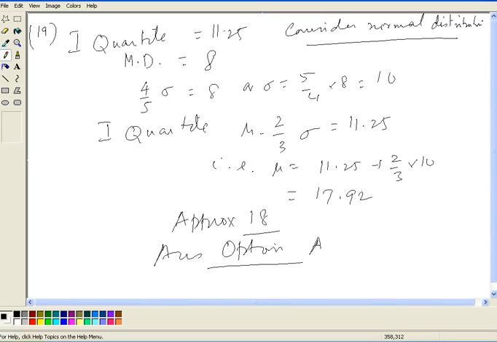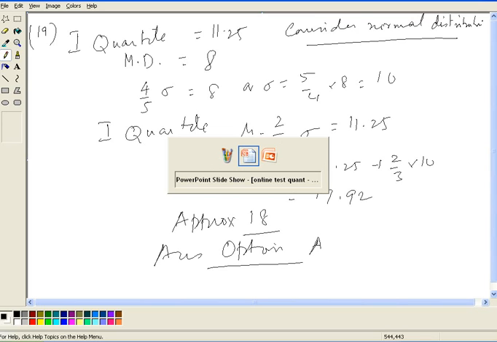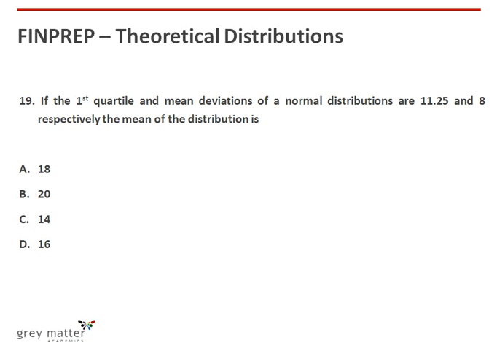Now first quartile is given as mu, that is the mean, minus 2 by 3 sigma, which is 11.25, because it is a first quartile. So when we work out for mu, that is the mean, it is 17.92, approximately 18. So the nearest option is A. So the answer is option A. Going to our PowerPoint presentation, it is option A, which is 18.